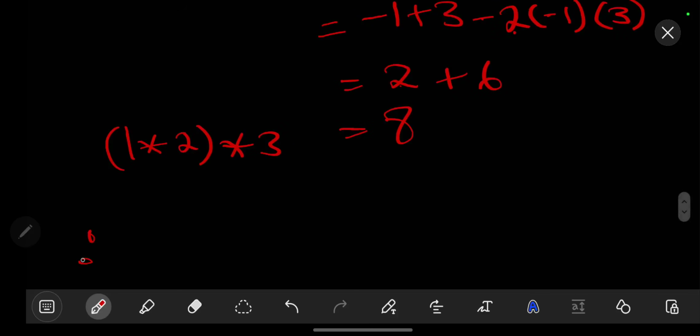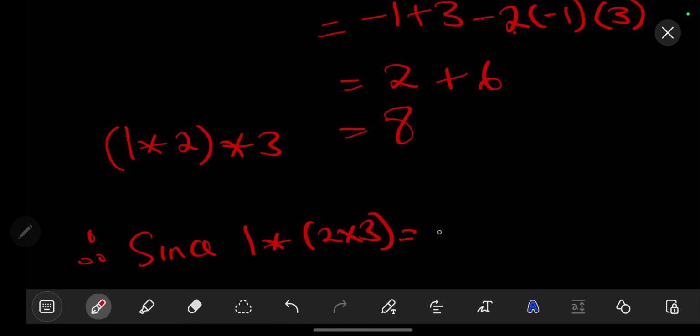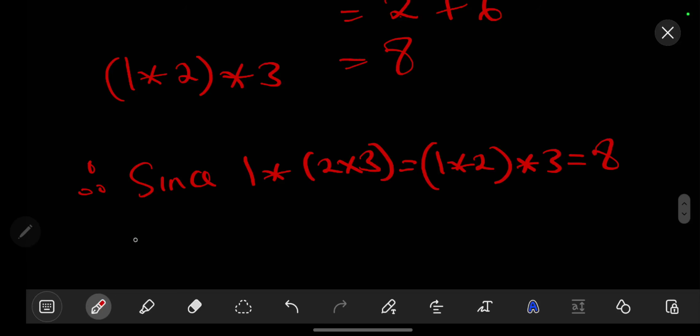So therefore we can say since our 1 star of our 2 star of 3 is equal to 1 star of 2 in one bracket, then we have star of 3 which should be equal to 8, then we can conclude to say it is associative.